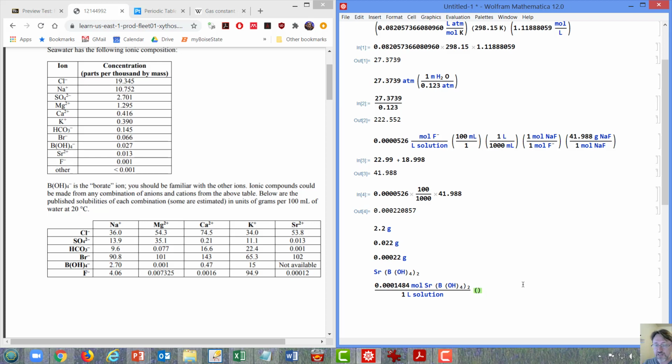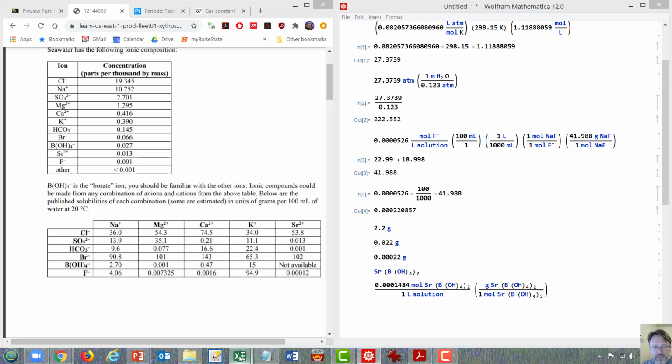So we need the molar mass of strontium borate. So 1 mole, apparently I hit caps lock, 1 mole of this. I didn't get the strontium apparently. All right. And this, we need to know how many grams that is.